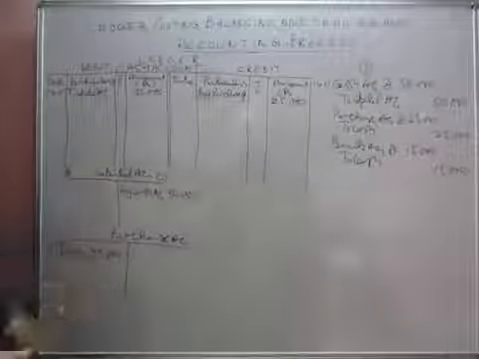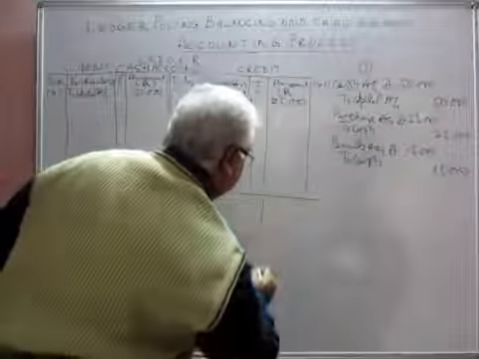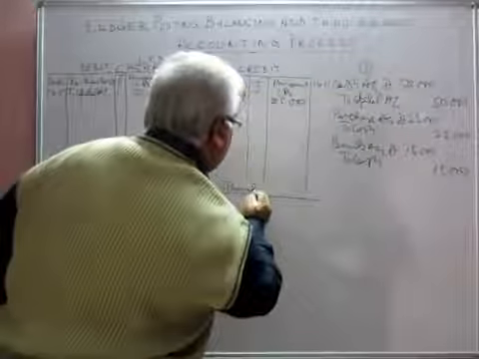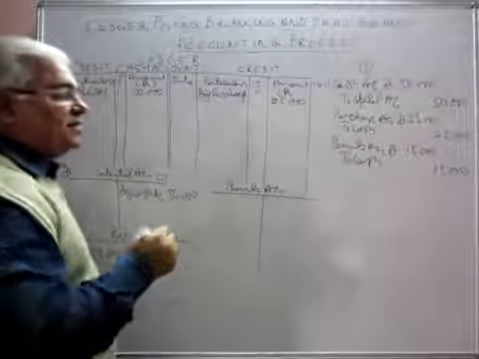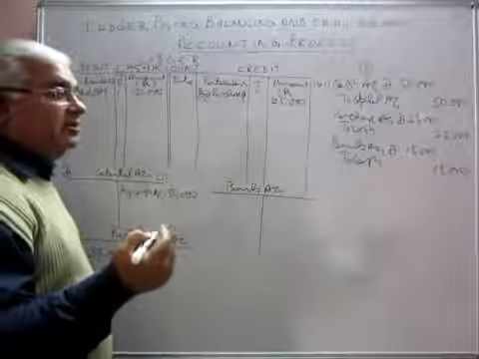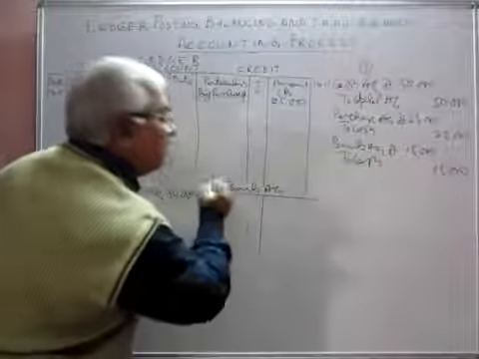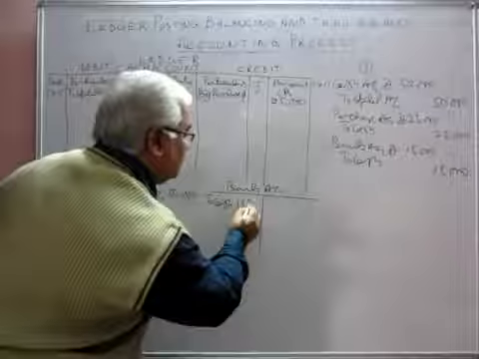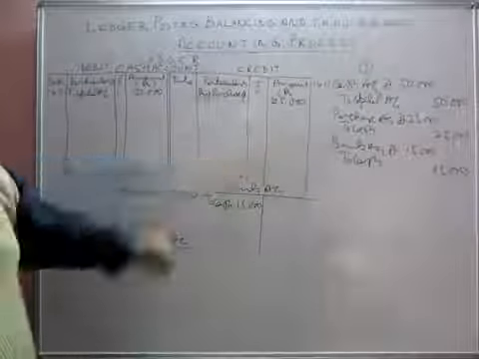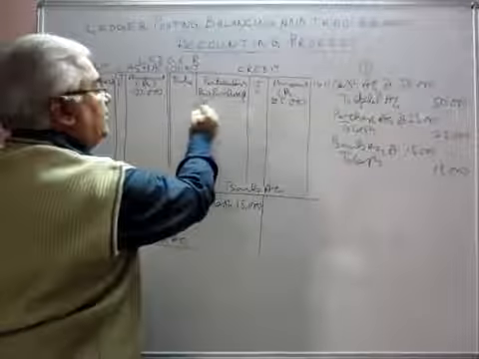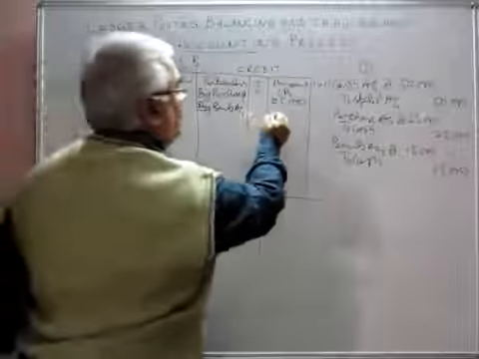So let us debit the bank account. Now if this is our bank account, this is being debited and the corresponding account which is being credited is cash. So we write to cash 15,000. And again cash account is being credited, hence we'll write here by bank account 15,000.